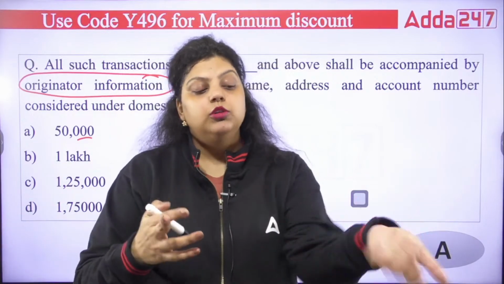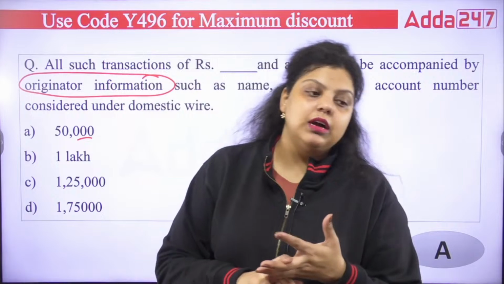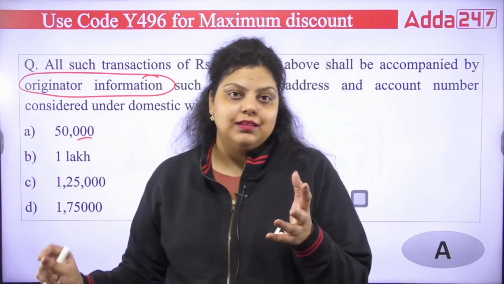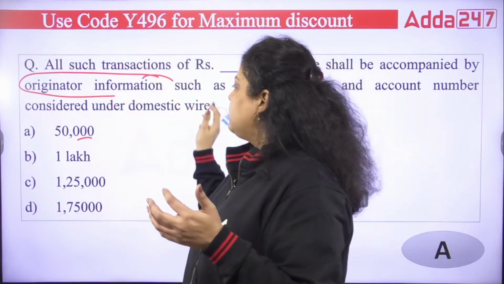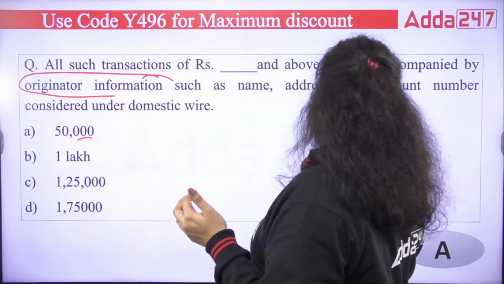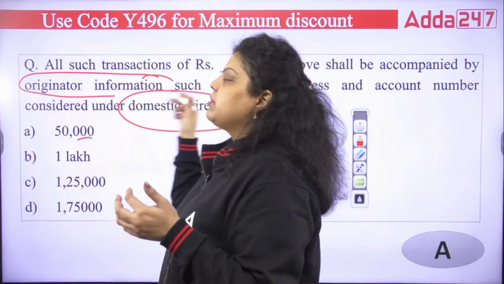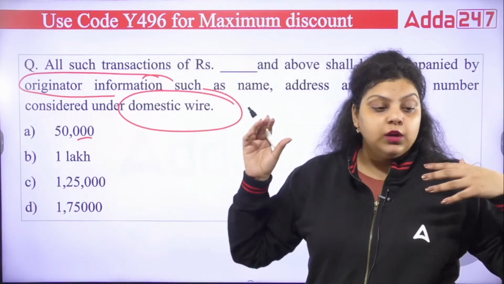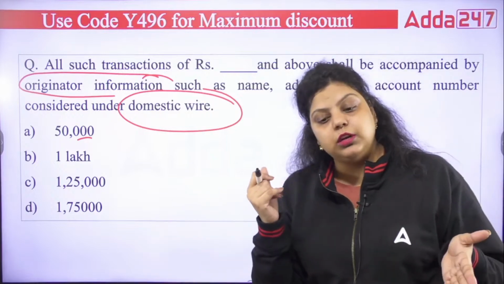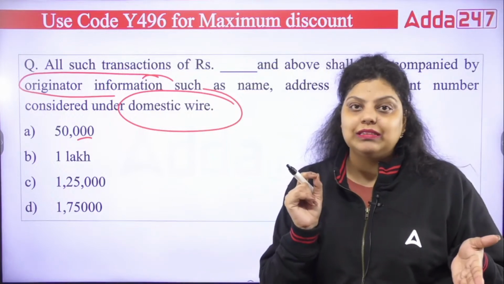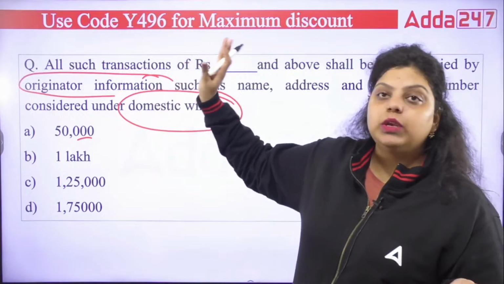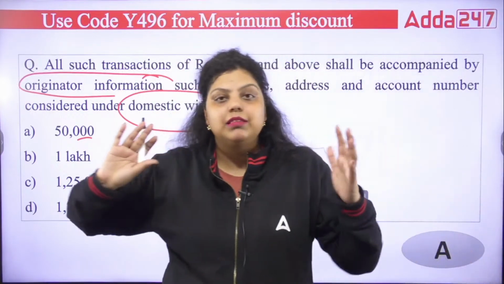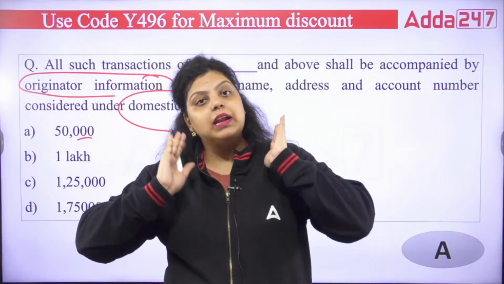So my name, my address, my account number have to be maintained as a record when you are performing a domestic wire transfer. A wire transfer is an online fund transfer you are doing. So if the amount is 50,000 or more, in that situation you need to have the originator information. Originator means the person from where the fund has been transferred.